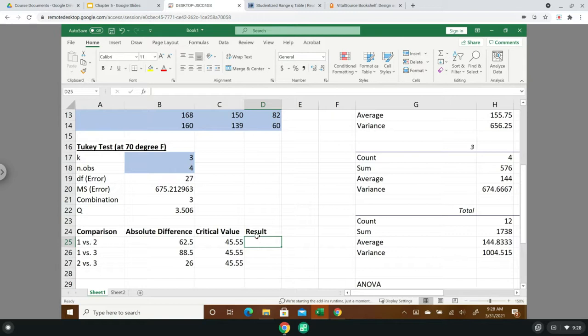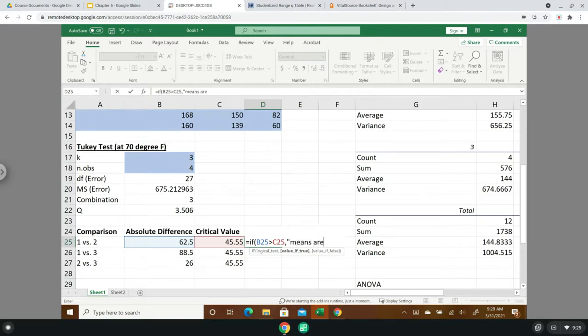So we can write it like this: if absolute difference is greater than critical value, then we can say means are significantly different.